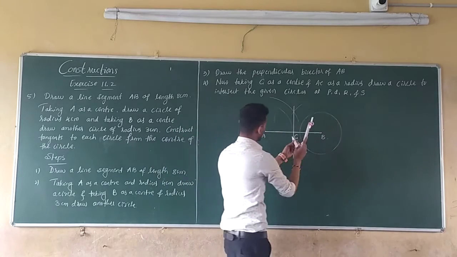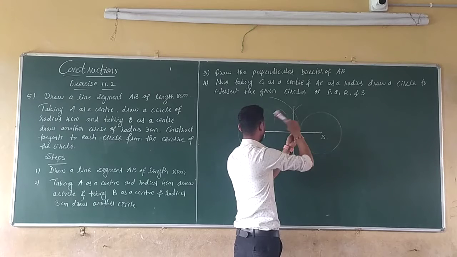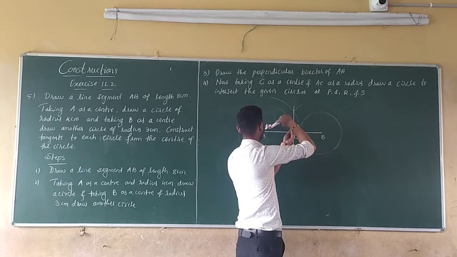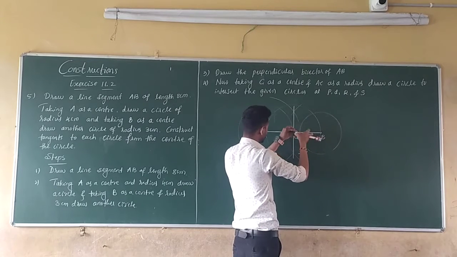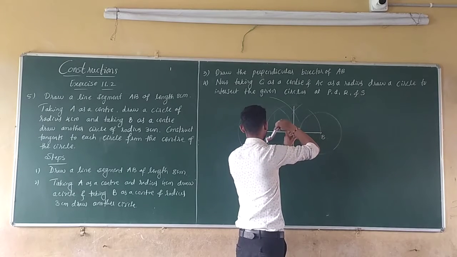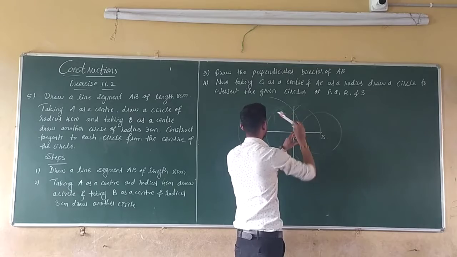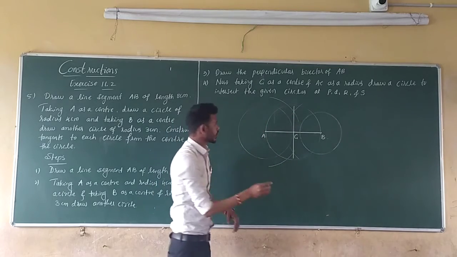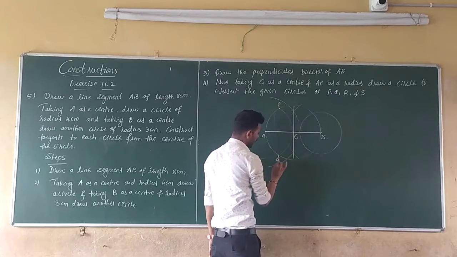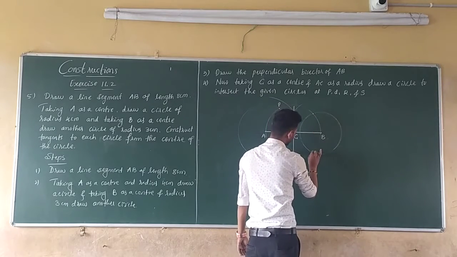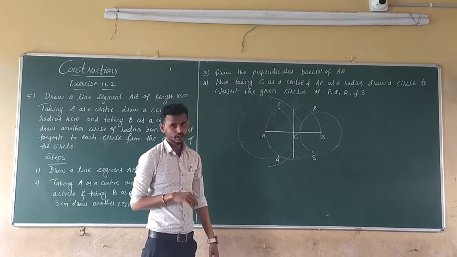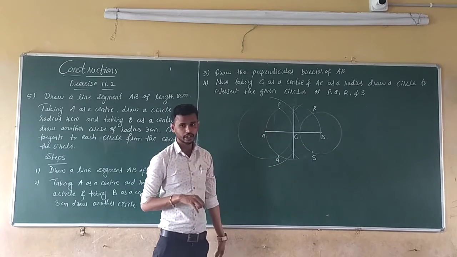So now C as a center and AC as a radius, draw the circle to intersect the given circles at the points P, Q and next R and S. So these are the 4 points of intersection.